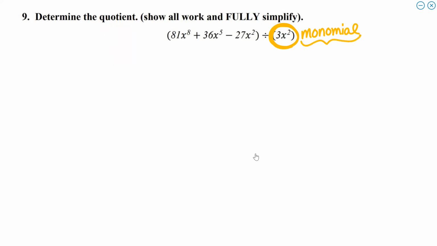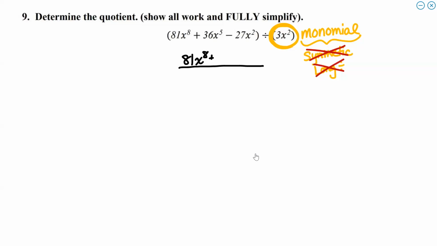When you have a monomial, you cannot use long or synthetic division. I'm going to rewrite this. Anything that I can write with that division sign, that's the line with two dots, I can rewrite as a fraction.